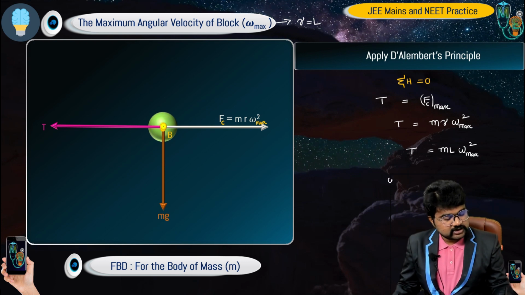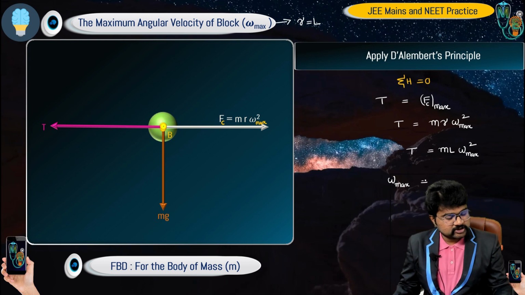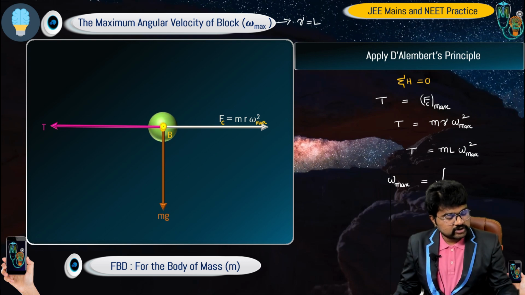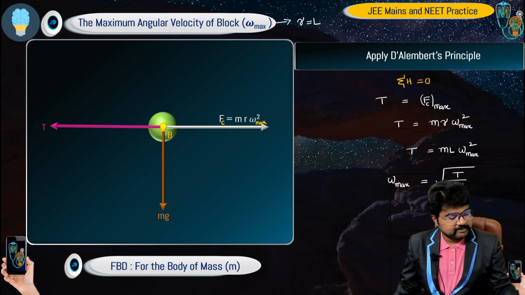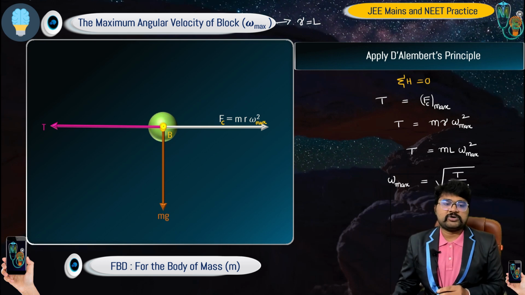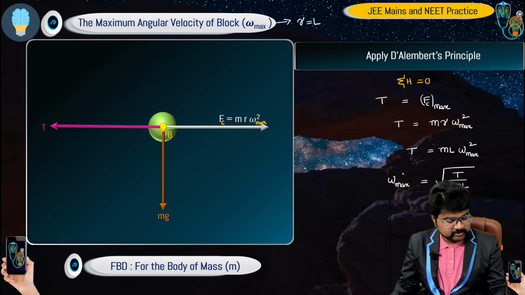They are asking omega maximum, angular velocity of the block, equal to square root of T by m L.